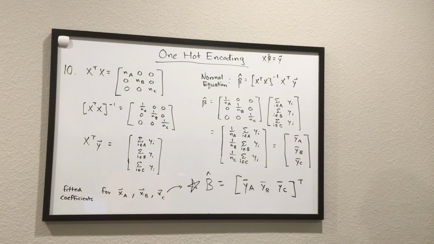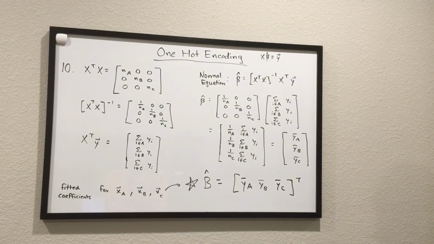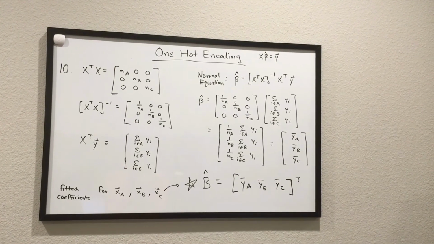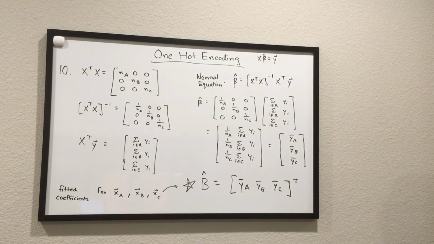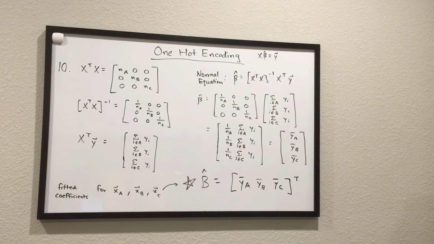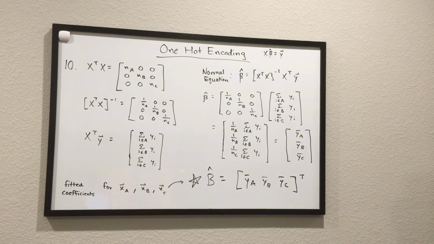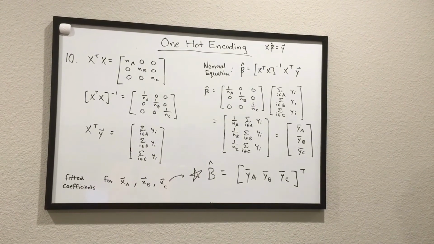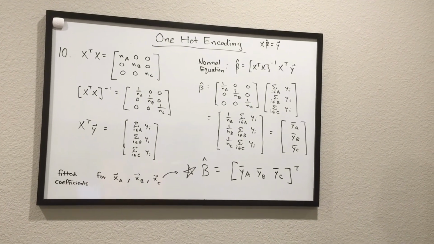Well, this looks very much like an average, and indeed it is an average. It's the average of all of the elements of the vector y where we originally had an observation A. It's the average of those corresponding labels.